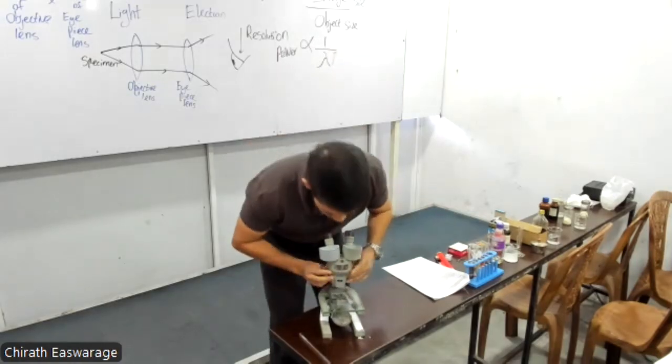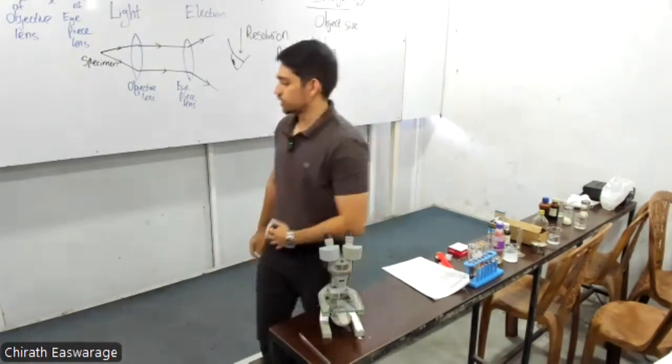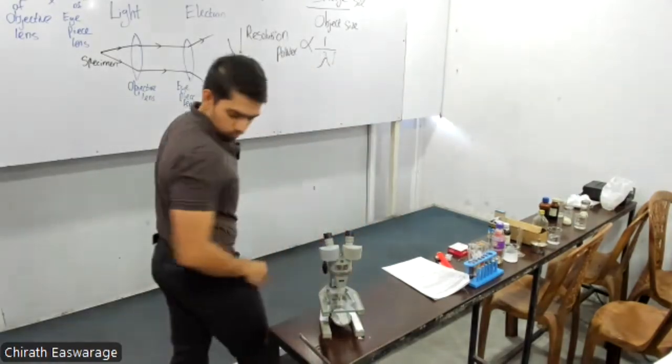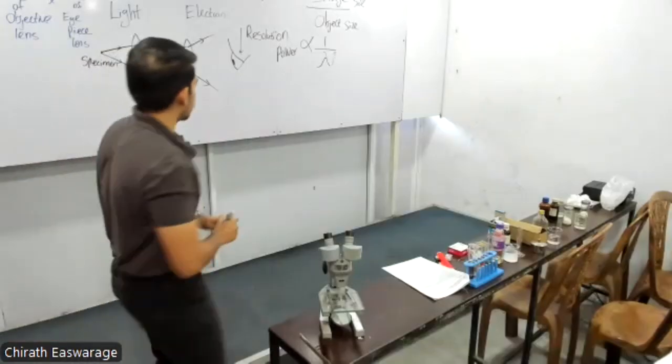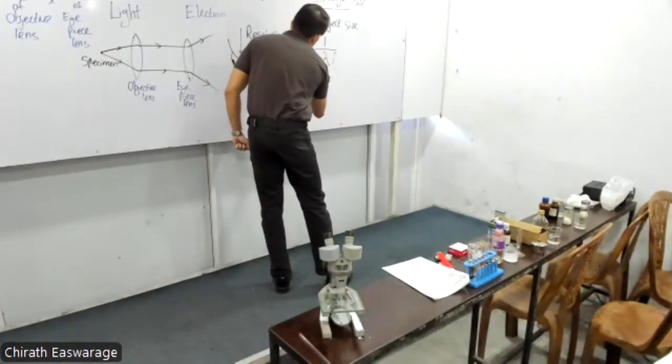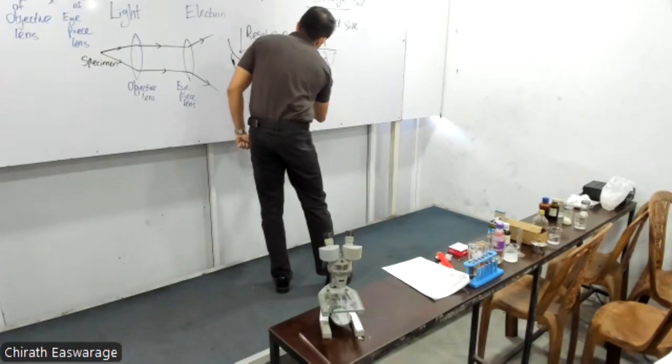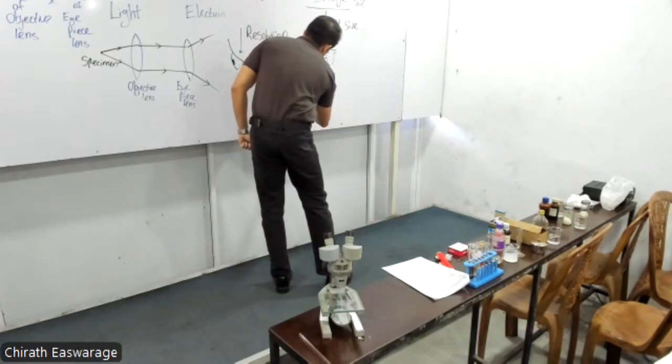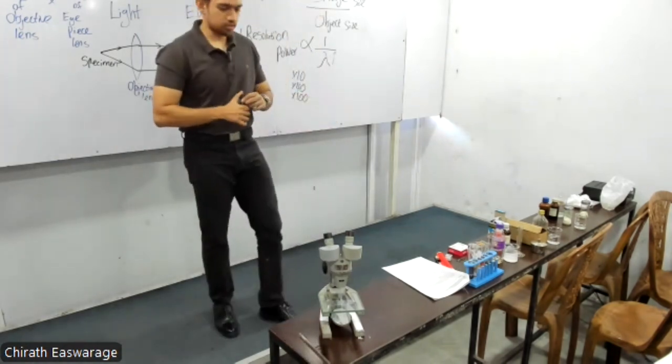Usually there are three objective lenses: 10x, 40x and 100x. Those are the usual objective lenses, right?